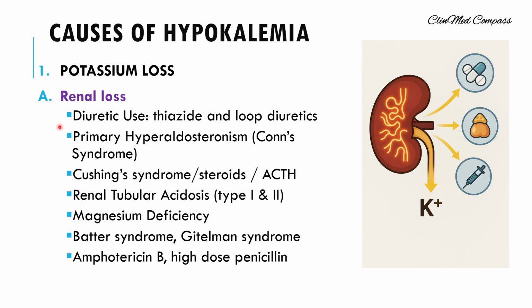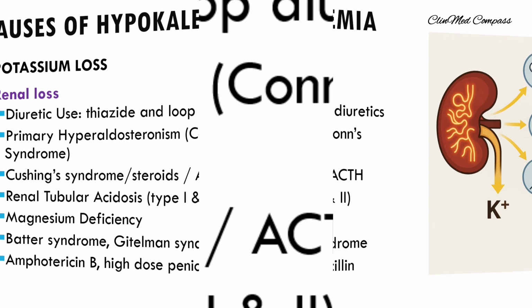Common causes include diuretics like thiazide diuretics and loop diuretics, primary hyperaldosteronism, Cushing's syndrome, renal tubular acidosis type 1 and 2, magnesium deficiency, Gitelman and Bartter syndrome, and drugs like amphotericin B and high-dose penicillin. All these contribute to the renal loss of potassium.